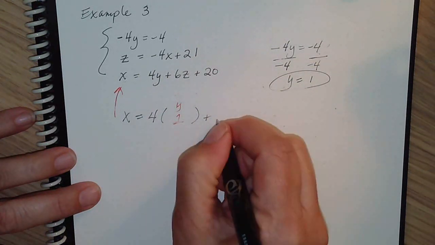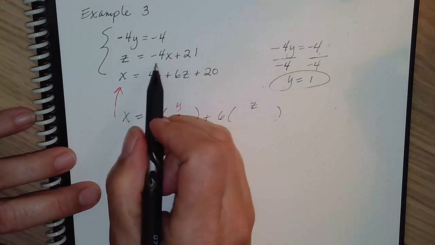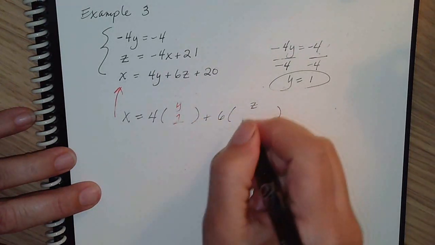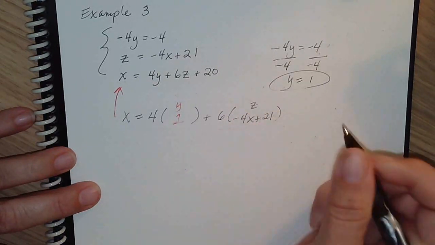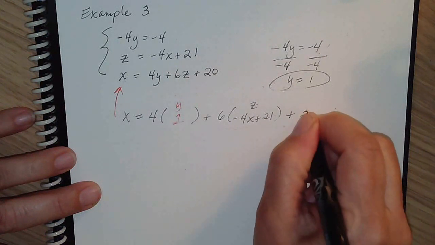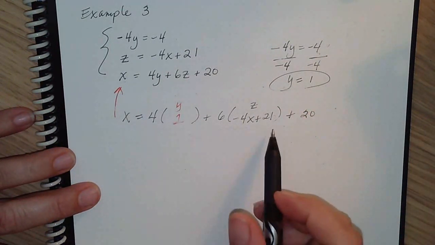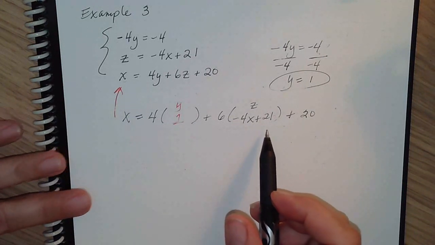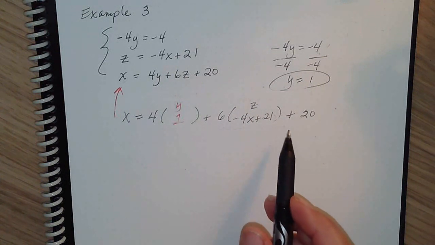And I can substitute for z because I have this equation with x in it. And I can write instead of z, negative 4x plus 21. So now I have one long equation with only one variable. So as awful as this looks, it's actually moving in the right direction.